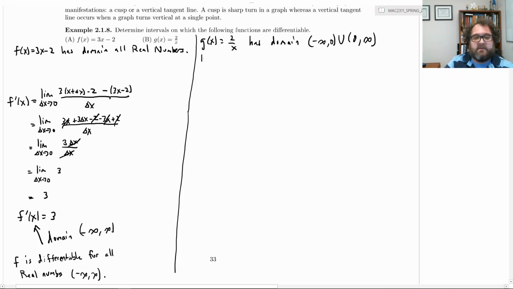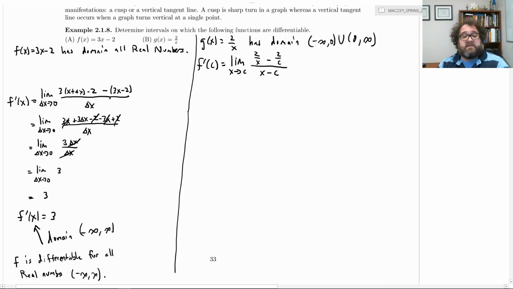It says f prime of c equals the limit as x approaches c of f of x, the original function, so 2 over x, minus f of c, so 2 over c, over x minus c.